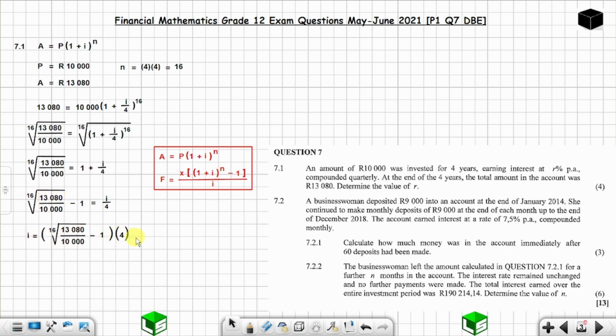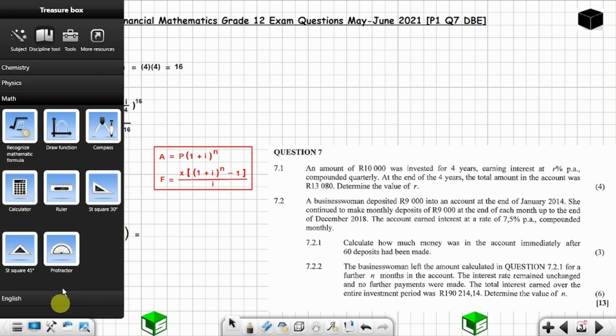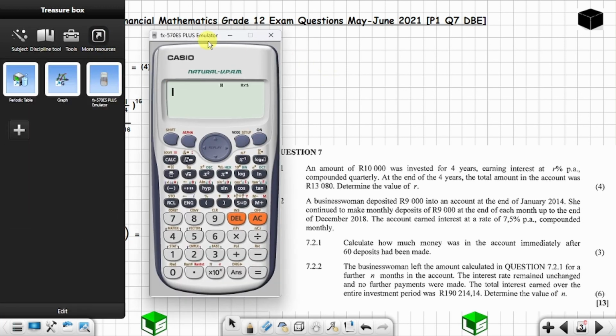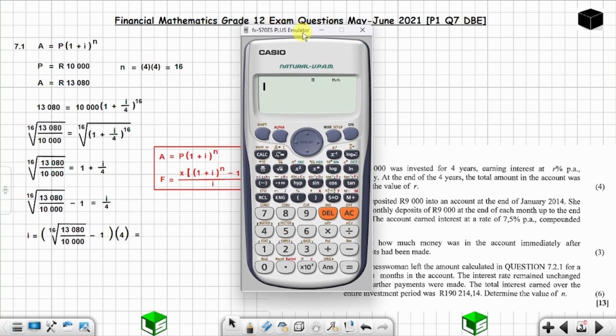So I is equal to, let's plug this in the calculator. I'm going to use my emulator. Okay. So I have this 16 root. Let me get my 16 root like that. Okay, I hope you can see that.